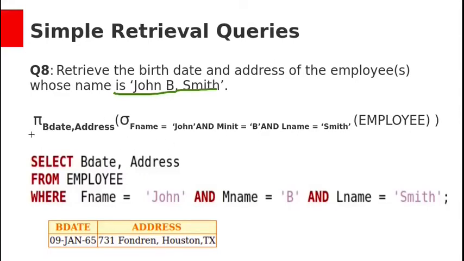The relational algebra query is select F name equal to John and middle name equal to B and last name equal to Smith on employee relation, but we don't want all the columns within this table, so project birth date and address. The equivalent SQL query will be select birth date and address from employee where F name equal to John and middle name equal to B and last name equal to Smith.